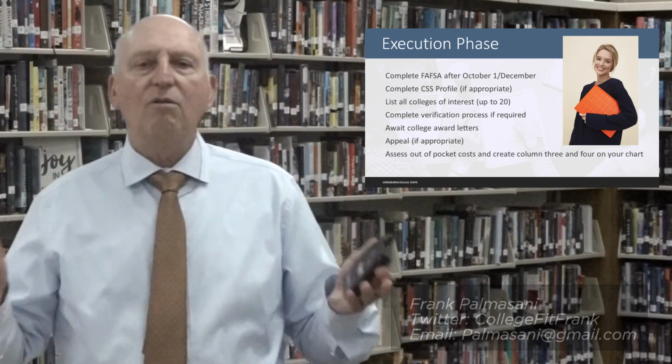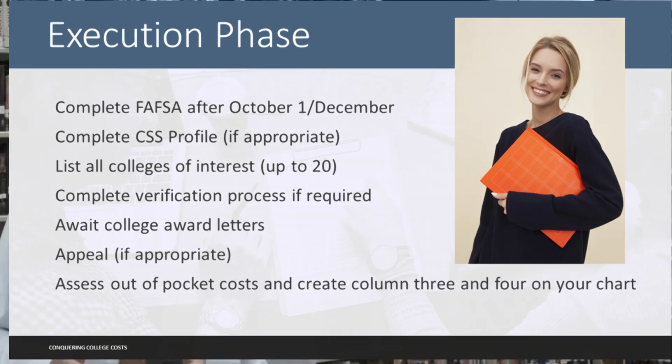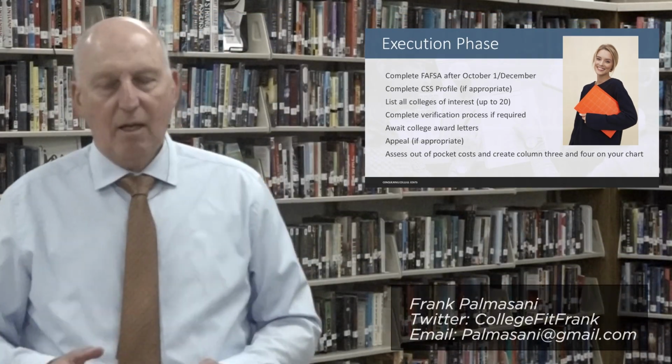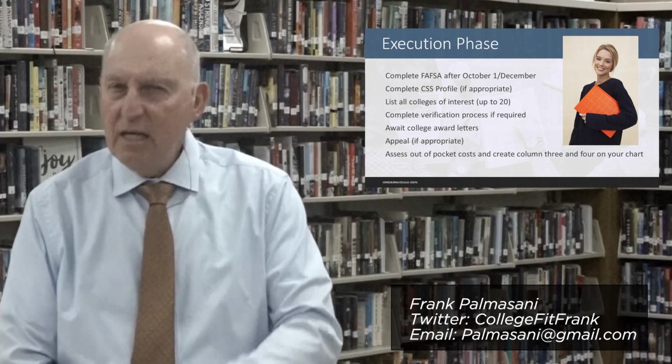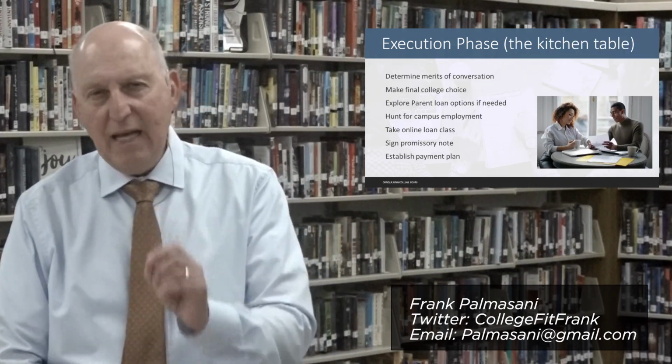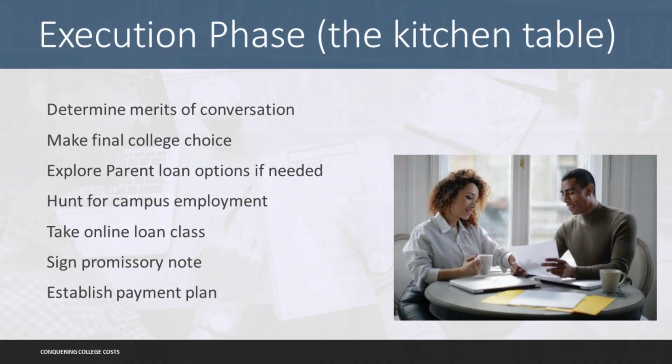All right. Ultimately, you're going to look at your column 3, look at your column 4 once you get to column 4. And then you're going to decide, is it worth it? Is there any value in having a conversation with your number 1 choice school when it is indeed not the most affordable?